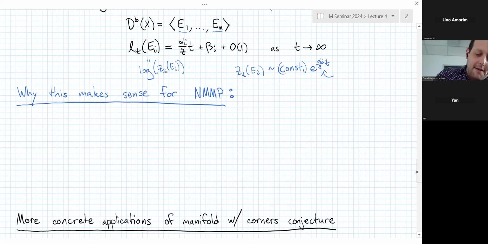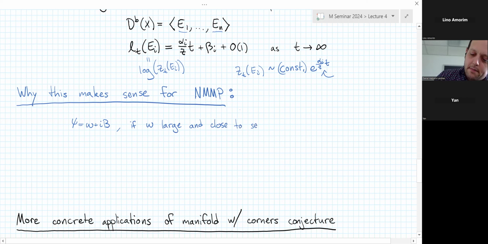The idea is that if psi, we said that psi is like omega plus iB, and if omega is large in some sense and close to a semi-ample, in other words, you're imagining having a birational contraction pi, if omega is really close to something that's pulled back from a very large ample bundle on Y, then e^psi roughly only counts curves that are contracted by pi.